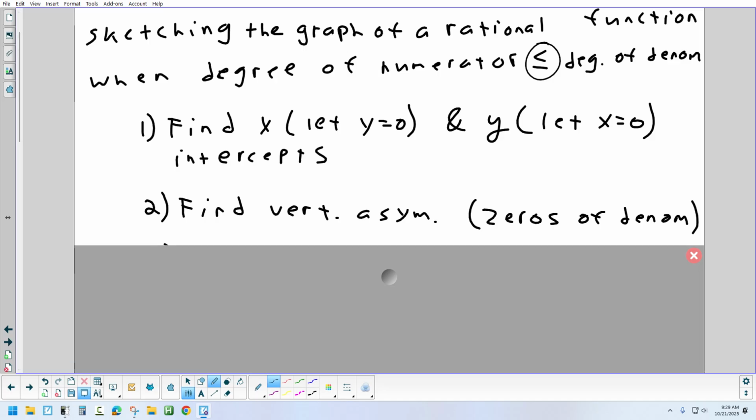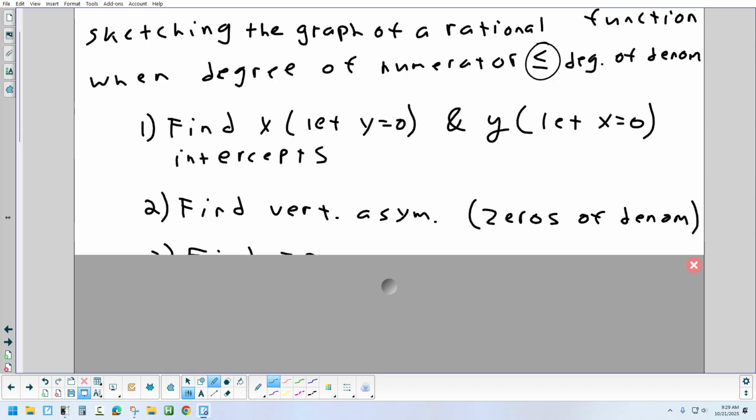Next thing we want to do is find the vertical asymptotes. Remember, the vertical asymptotes are where the denominator is 0, as long as we don't have any common factors. What happens when you have a common factor? Instead of a vertical asymptote, you get a hole in the graph.